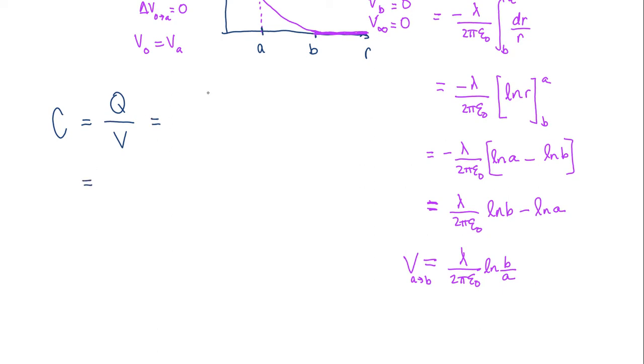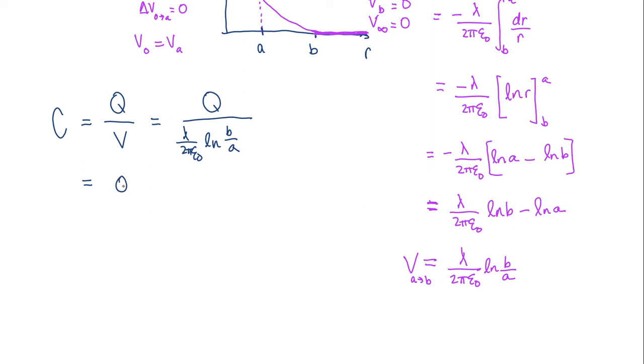Actually, I'll do it up here. So we have Q over, okay, all of this, lambda over 2 pi epsilon naught times natural log of B over A. All right, so technically what's got to happen here is this is a complex fraction, and so I'm going to multiply by the reciprocal.